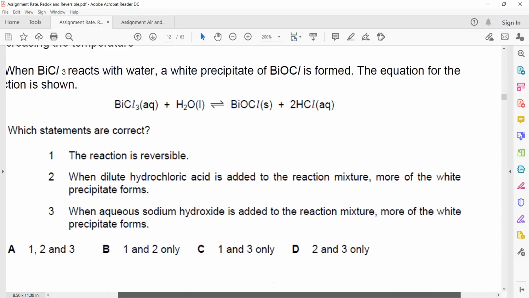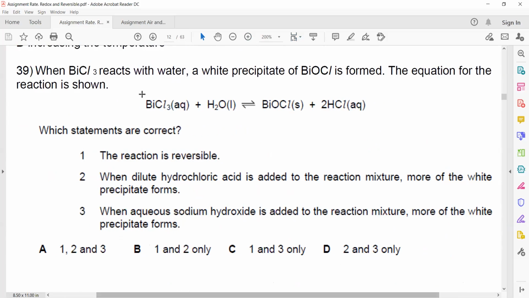In this question, bismuth trichloride, BiCl3, reacts with water to form a white precipitate of BiOCl. The equation is shown: BiCl3 plus H2O gives BiOCl plus 2HCl. Which statements are correct? The reaction is reversible.